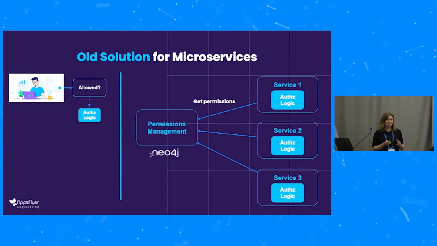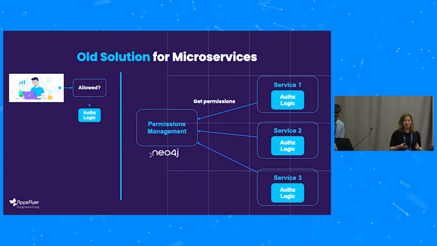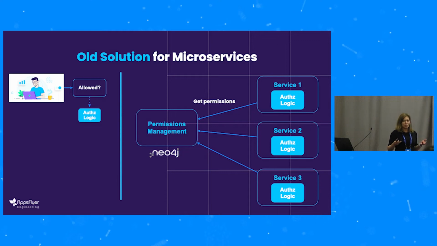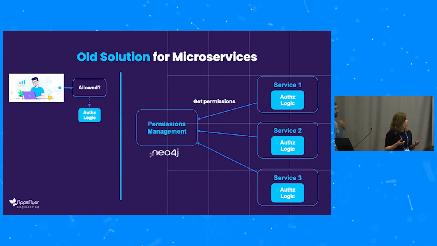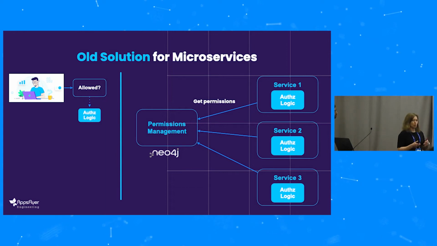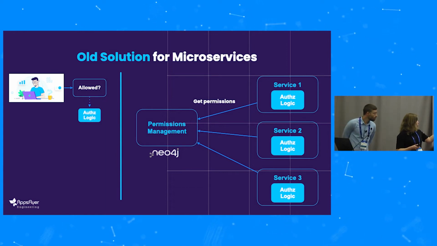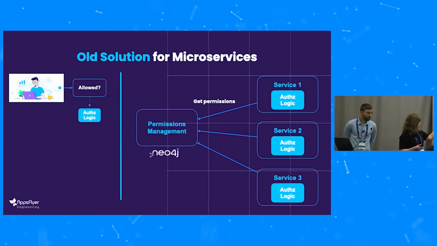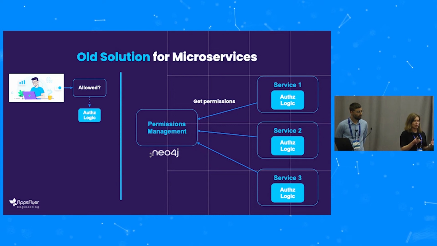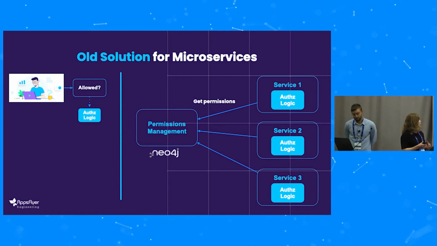When AppsFlyer started as a small company, we had less than 10 microservices, and the authorization logic was very simple. The way it worked is that, let's say we have a microservice that got a request from a user, and we need to authorize it. It will call the permission management, which is managed on top of Neo4j, as Ido explained, the domain model and the authorization model.